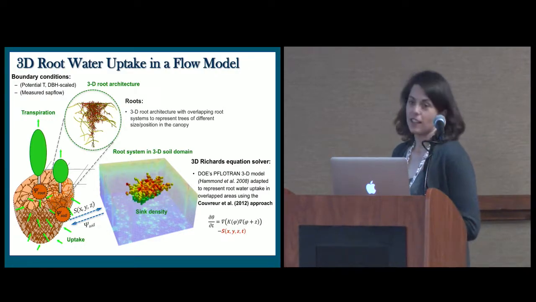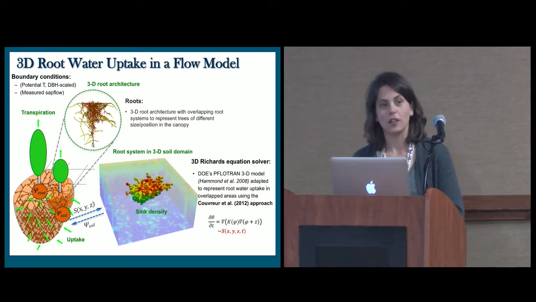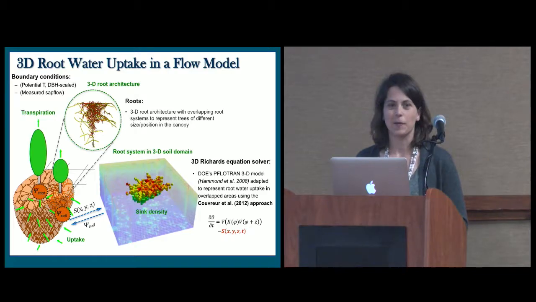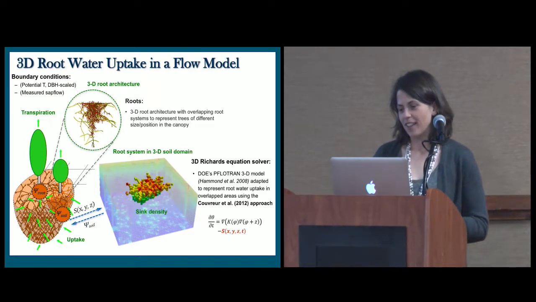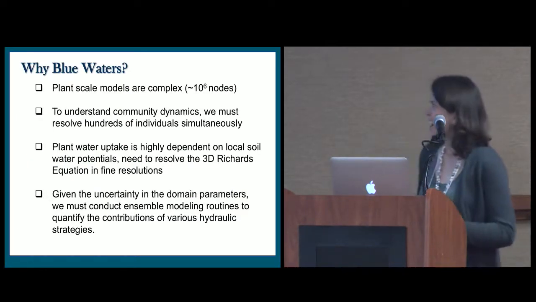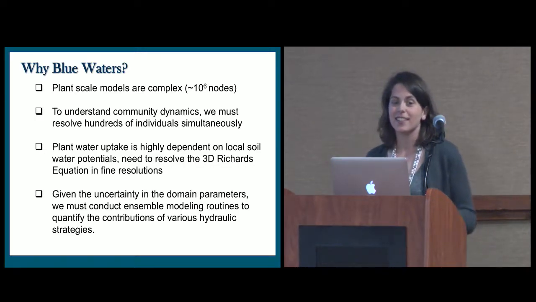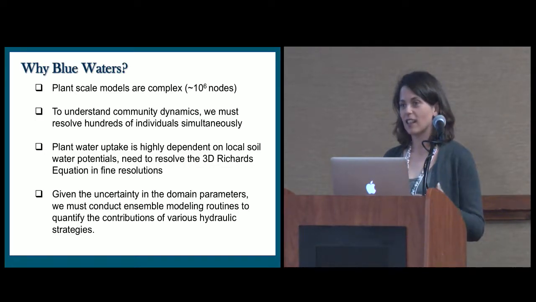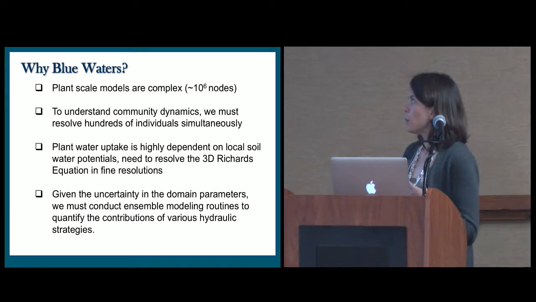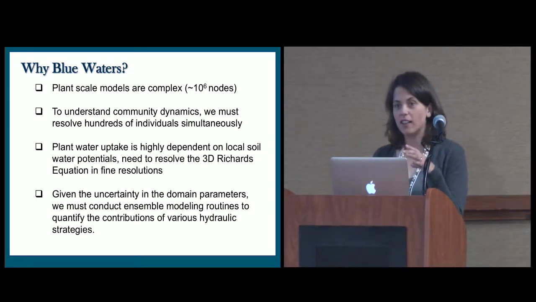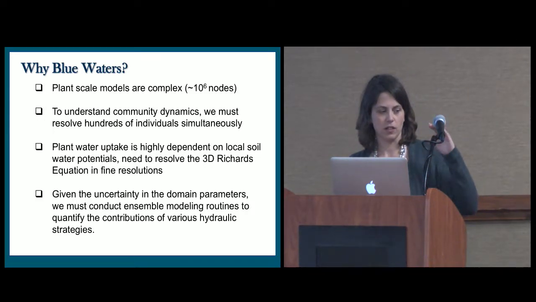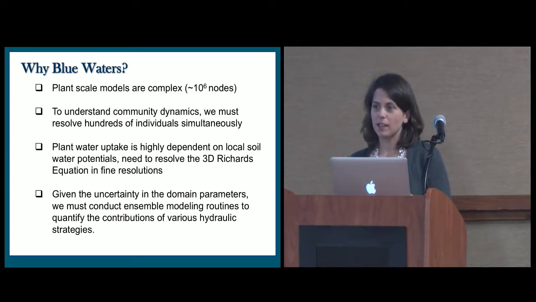Now there's a lot that goes into this process, and I'm glossing over a lot of details, but I would love to talk to anybody about it, because who doesn't like to talk about their research? But essentially, why we need Blue Waters is because when we're adding this level of complexity, we need to understand that with plant scale models, even if you're taking a model of a root system of, say, a corn plant, the computational complexity is on the order of 10^6 computational nodes.